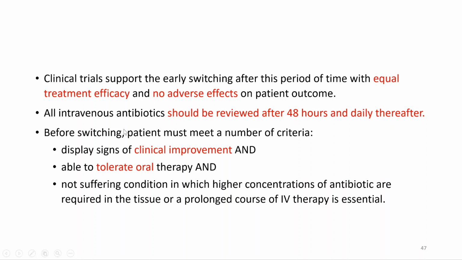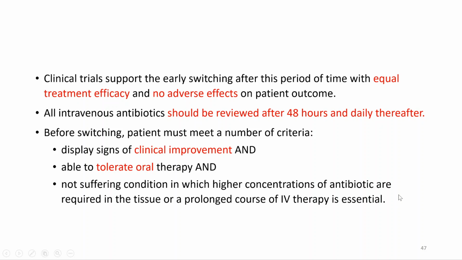Before switching, the patient must meet a number of criteria. The patient should display signs of clinical improvement. He or she should be able to tolerate oral therapy, and should not suffer from a condition where a higher concentration of antibiotic is required in the tissue, or where a prolonged course of IV therapy is essential.